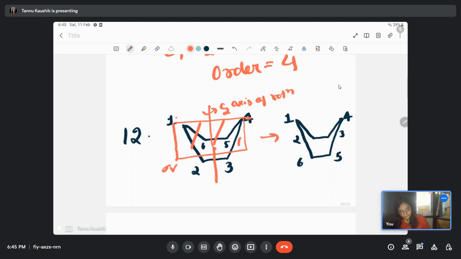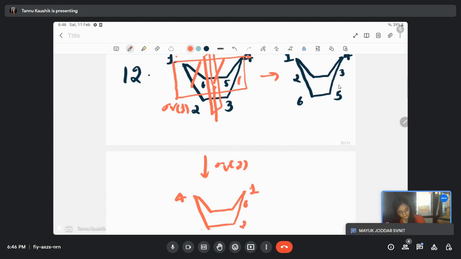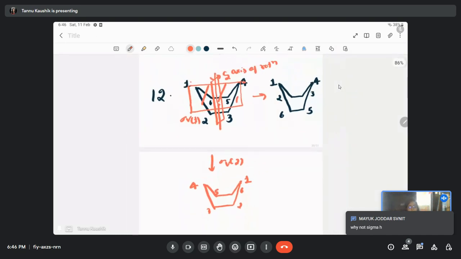This is the sigma v plane here, and we also have another sigma v plane like this. So the proper axis of rotation is C2 here, which is coming like this.